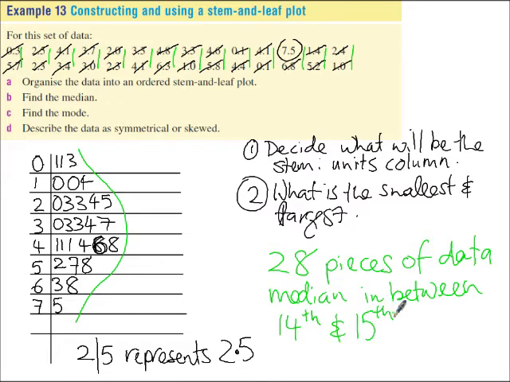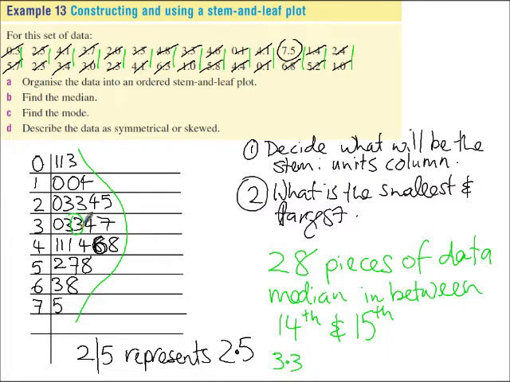Let's see if we can find the 14th. The first will be 0.1, 2, 3, 4, 5, 6, 7, 8, 9, 10, 11, 12, 13, 14. So the 14th is the number 3.3.